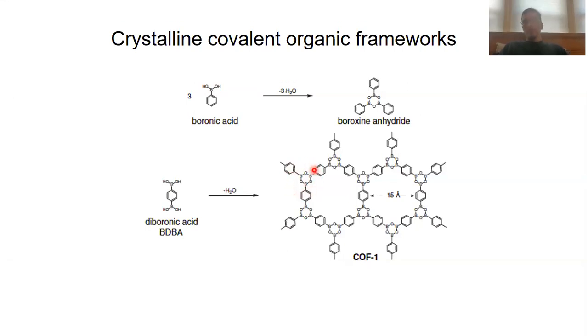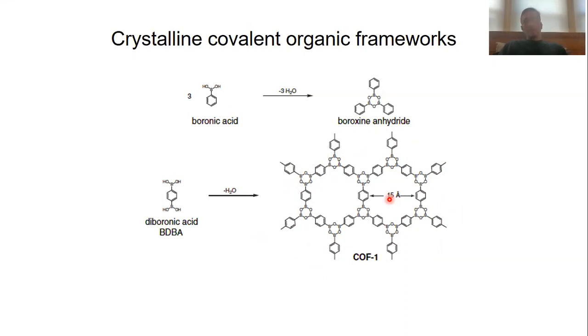And the structure of this crystalline product is fairly predictable because of the directive nature of the covalent bond. So this COF material was the first material that was discovered, and from that point on, many others followed.